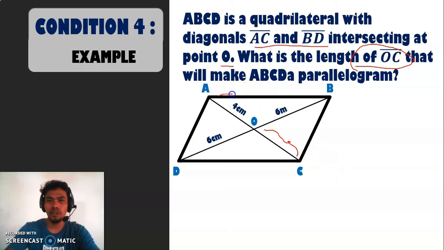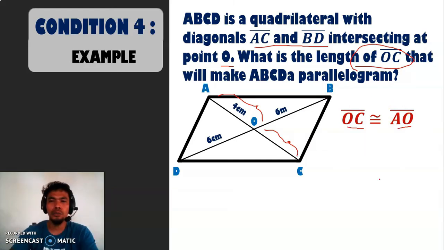Okay, it is congruent to segment AO. Therefore, segment OC is congruent to segment AO. Because that is what condition number 4 states, that they bisect each other. That is why segment OC is congruent to segment AO.